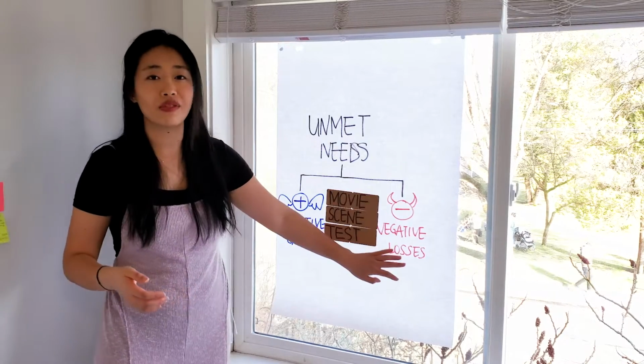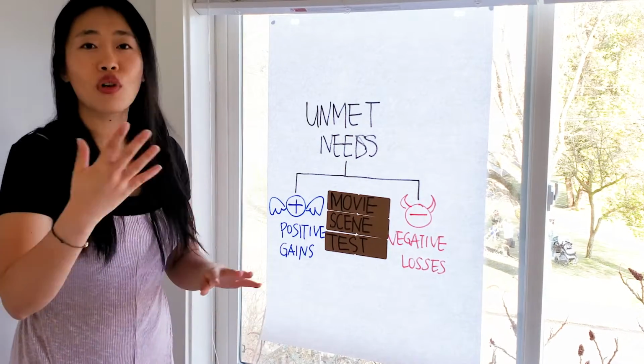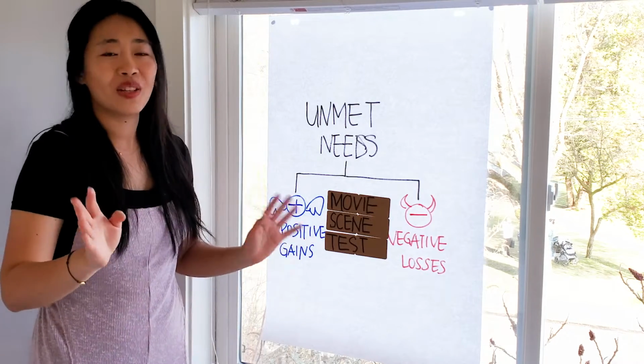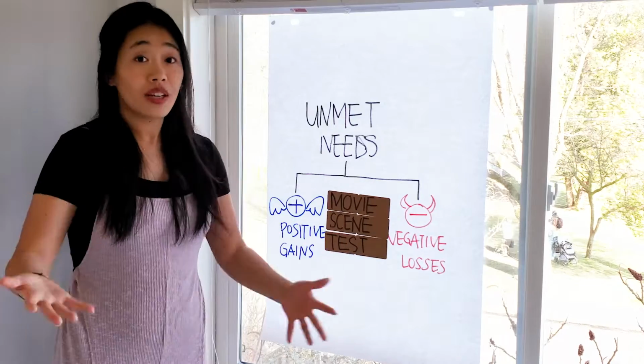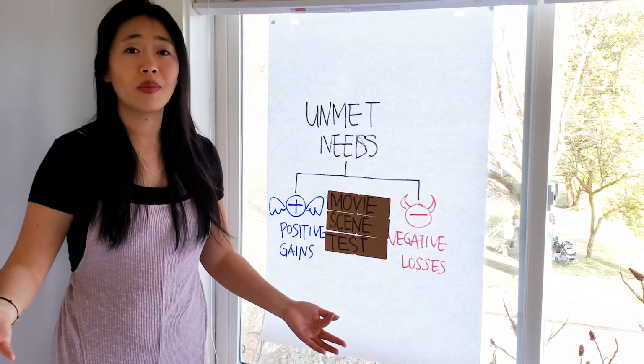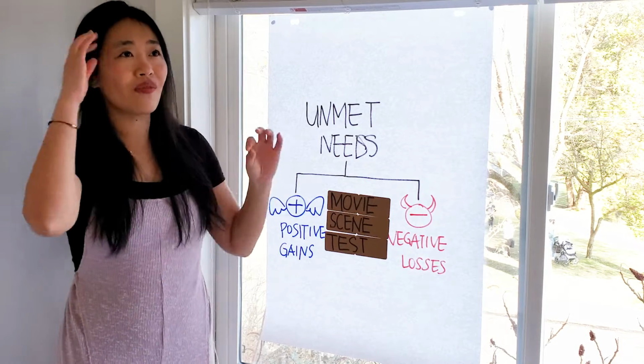Let's use negative losses as an example. Let's say that you won't get clients if you're not clear about your business message, right? Okay, whatever, you're just trying to scare me. But if I say something like, you don't have to sit there and wonder where your next client's coming from, that all of a sudden gives you a scene in your mind, right? You can visualize that.